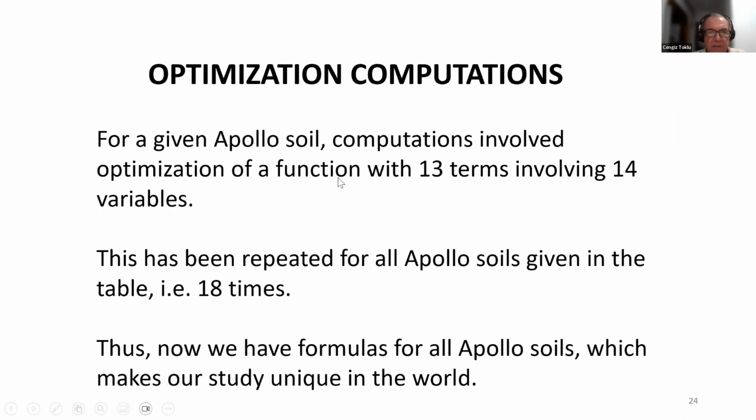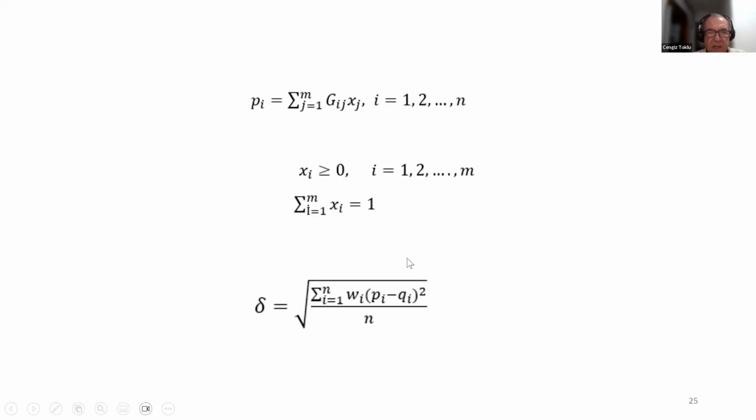And so the calculations, I will not go into details, but for example, the distance between our soil, our simulant, and the lunar soil, the distance is measured in such a way. And of course, we have used weight factors because some percentages were very close to 60%. Some other percentages were very close to 0%. So if we didn't use weight factors, then the result would not be acceptable.